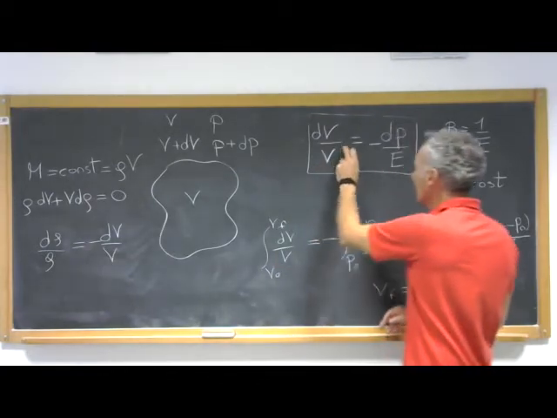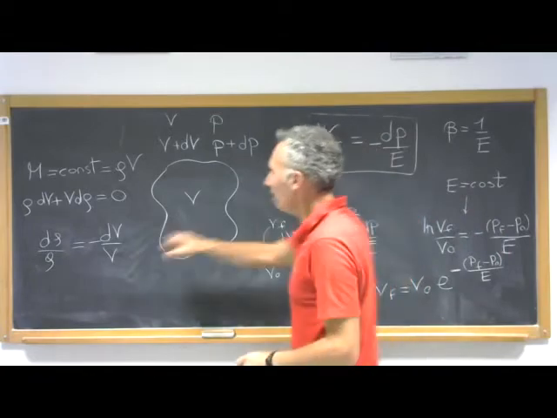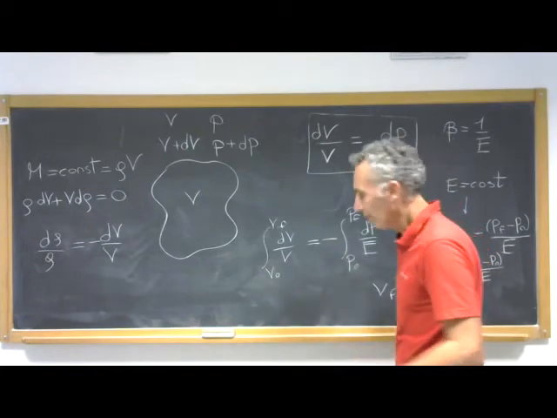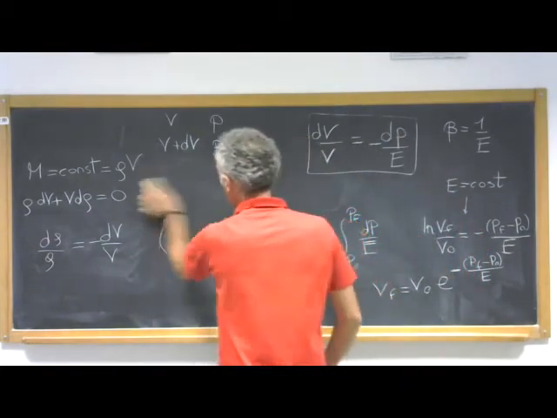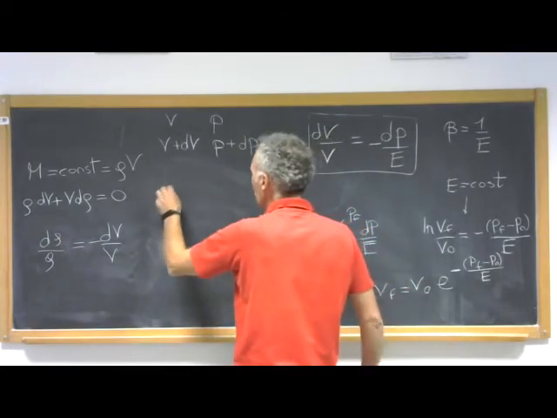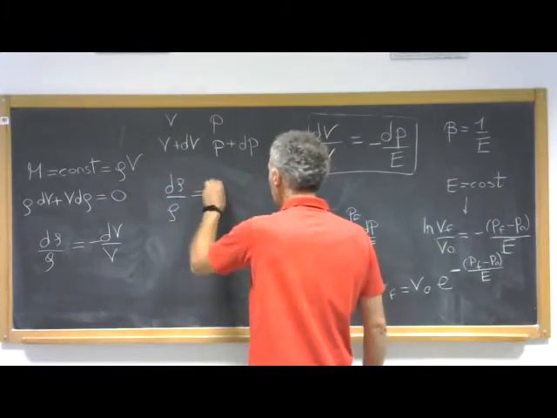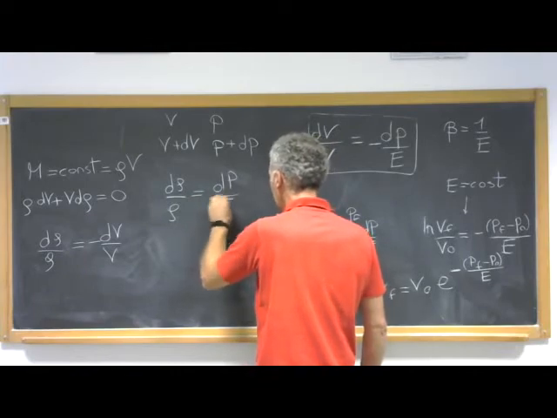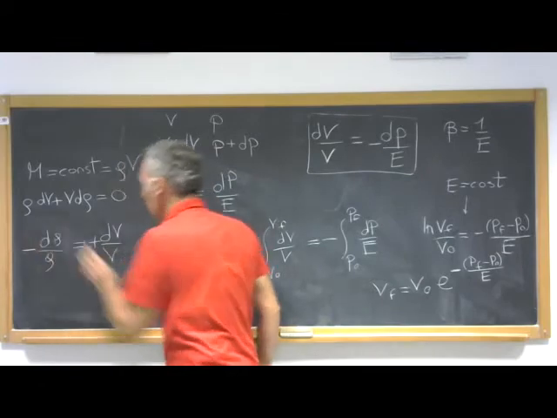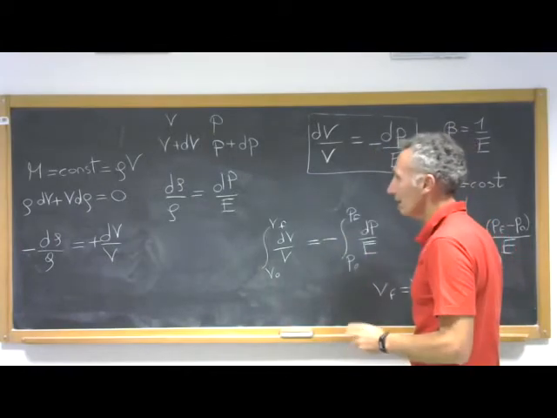Okay, so this implies that, using that dV by V is equal to minus d rho by rho, I can write in a simpler way, and the expression, actually more useful, would be d rho by rho equal dP by E. Now this minus, which goes here, I've used in this way, so this minus absorbs this minus here.